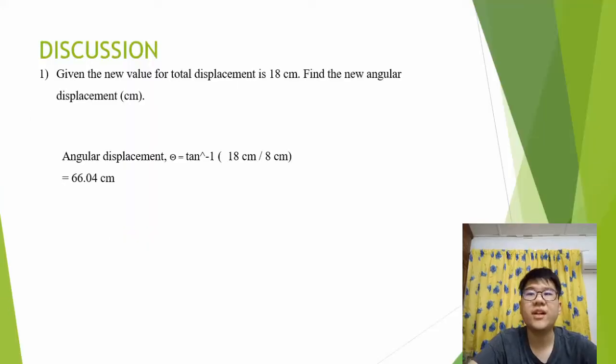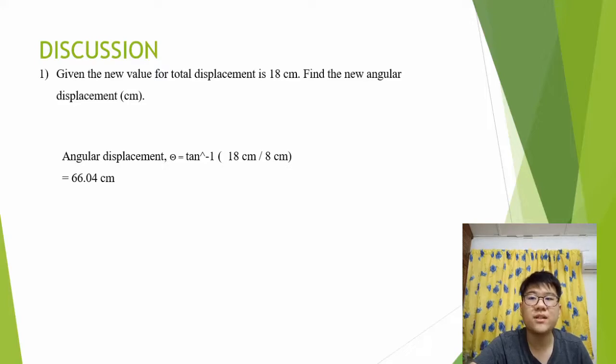My name is Lim Wei Liang from DAET KC1. My student ID is DSIC DAET 0722048. Now is my discussion part. For question number 1, given the new value for total displacement is 18 cm, find the new angular displacement.